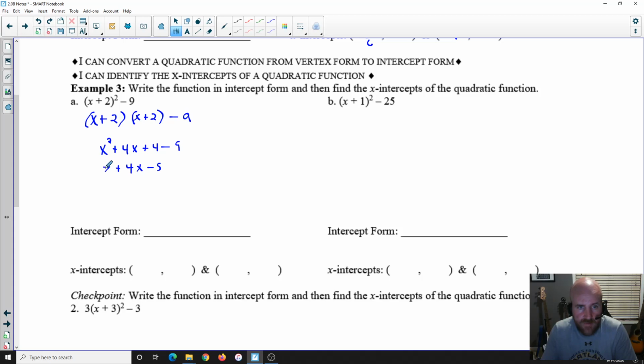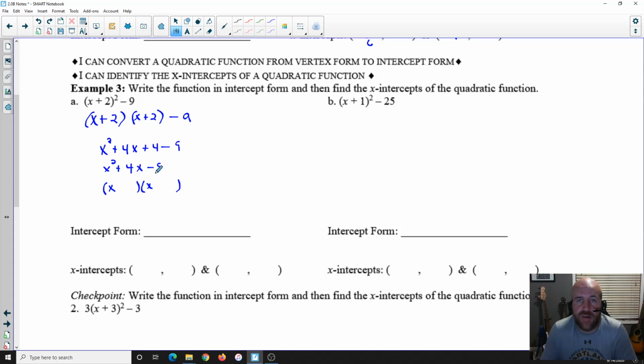Okay, so now that we are in standard form, we have to factor. It's a little more work when you're starting in vertex form to get to intercept form than it was starting with standard form. So now, this is a little simpler than what we were doing. x times x, that's the only thing we got.